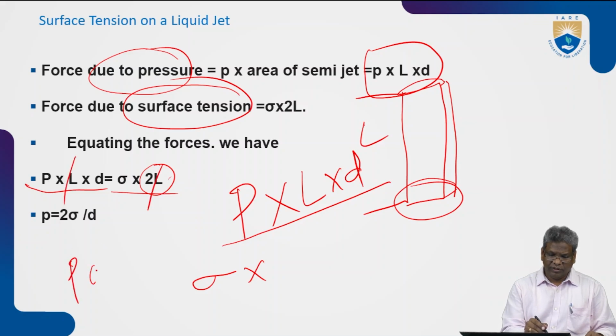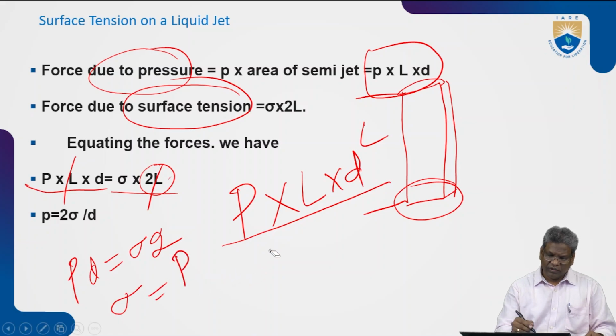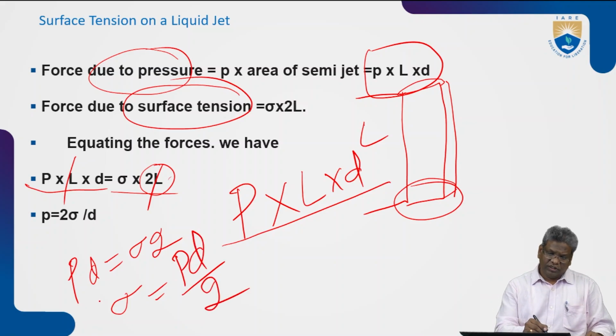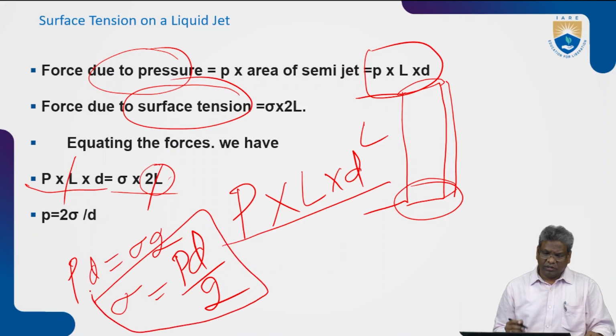P into D is equal to sigma into 2, or sigma equal to PD by 2. So this is the equation for surface tension of a liquid jet.